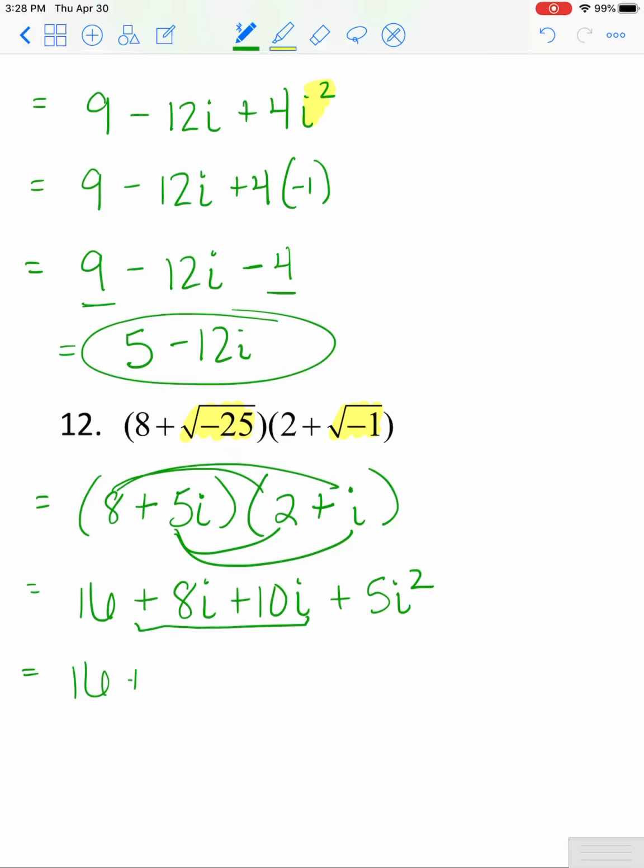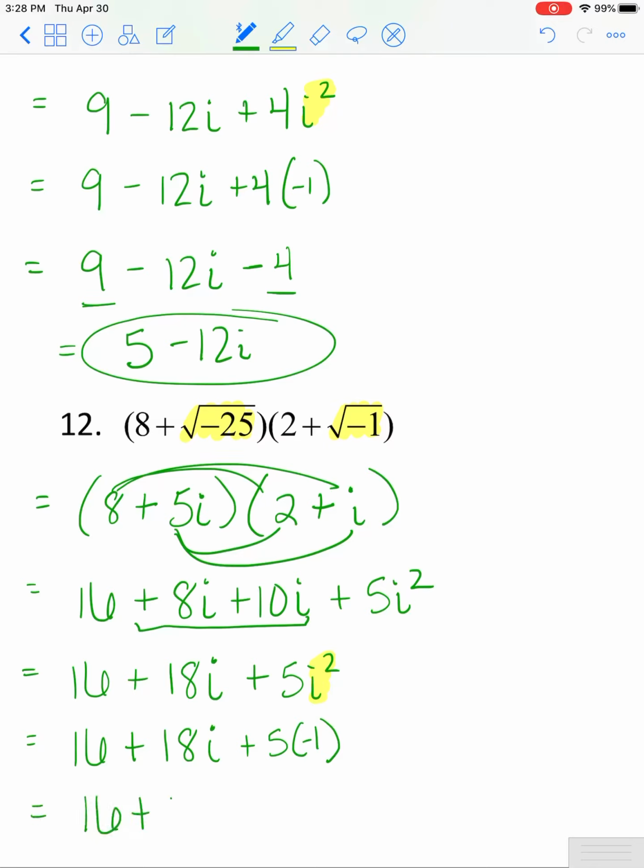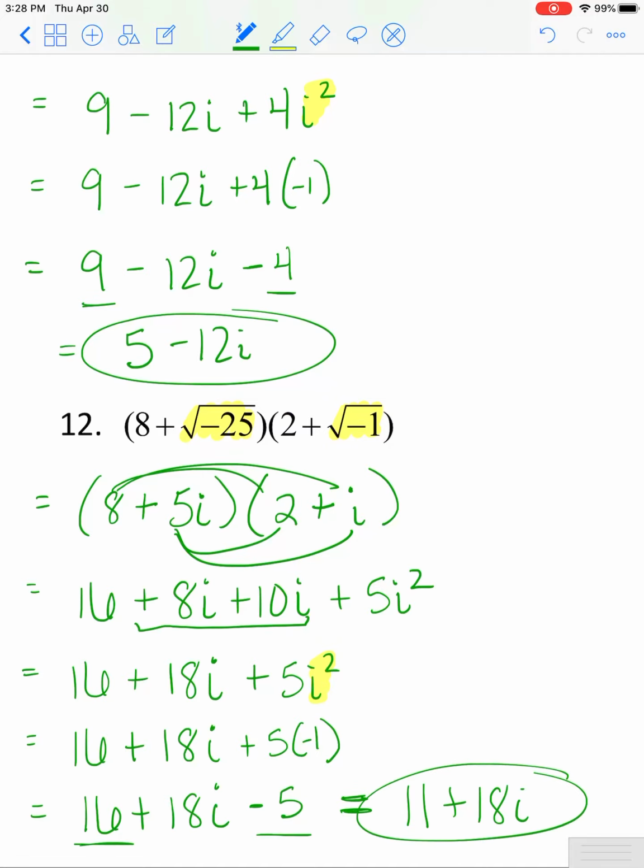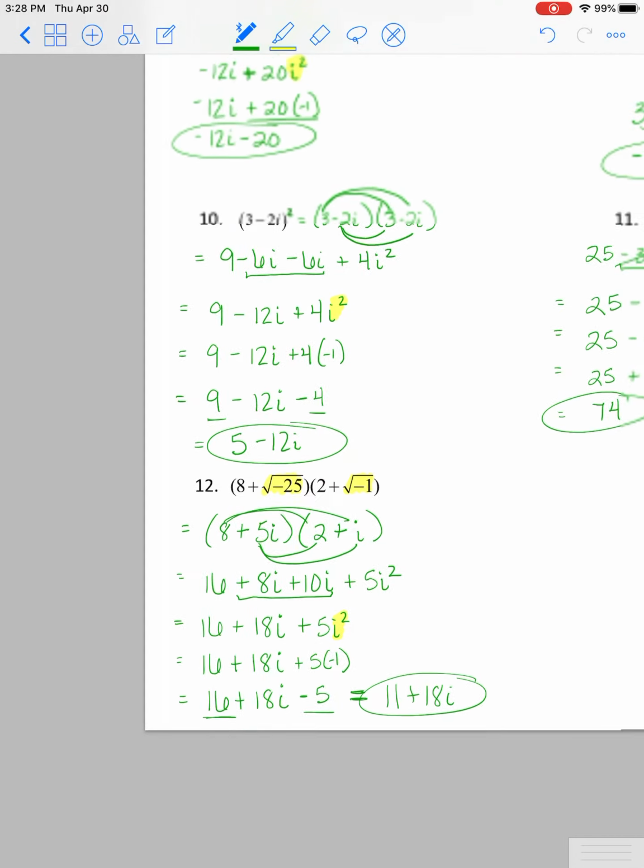Combine my like terms. So I get 16 plus 18i plus 5i squared. So it looks like this is the only part that I can simplify. So I have 16 plus 18i plus 5 times a negative 1, which is really 16 plus 18i minus 5. If I combine my like terms, 16 minus 5 is really 11. I'm going to carry over the 18i. There's my final answer.